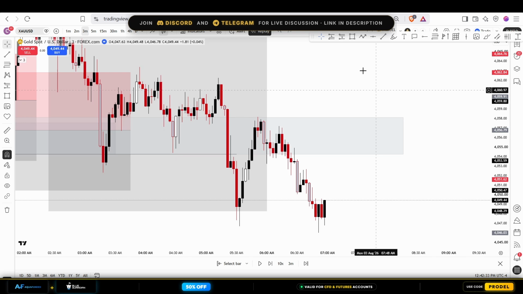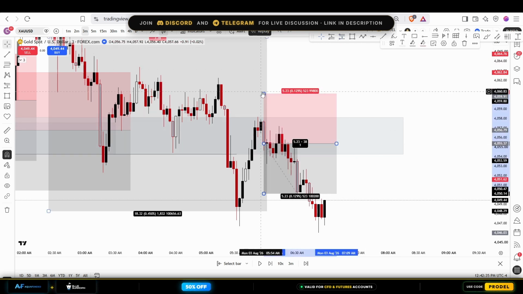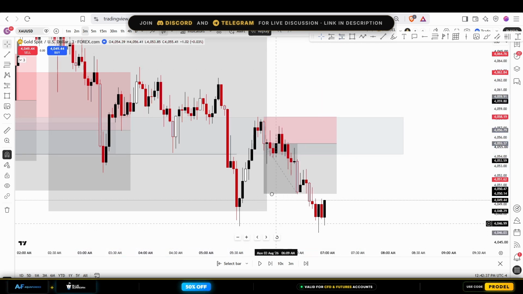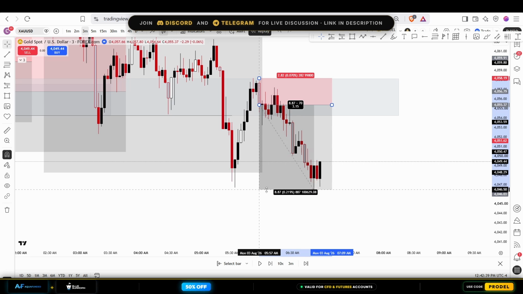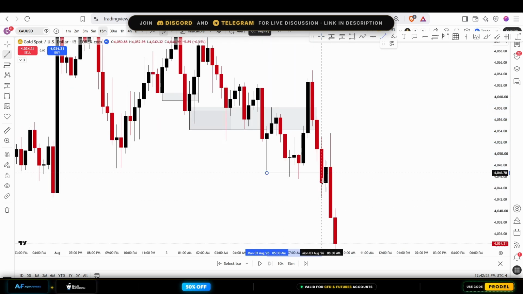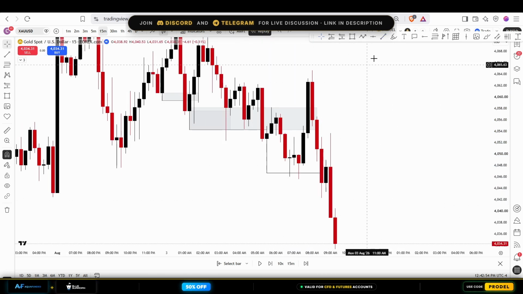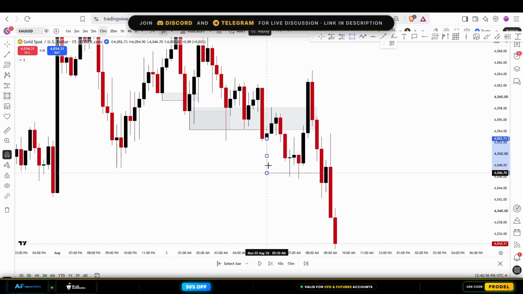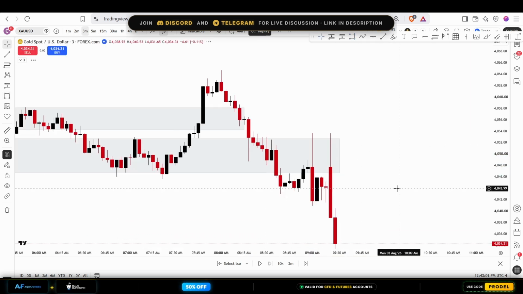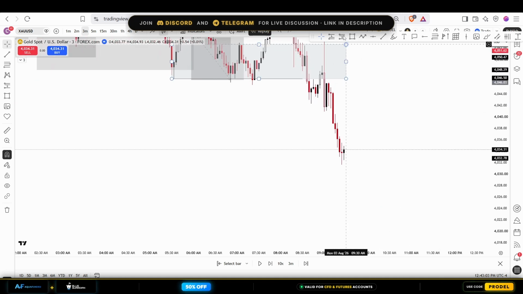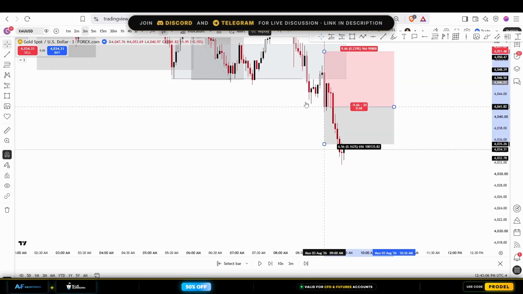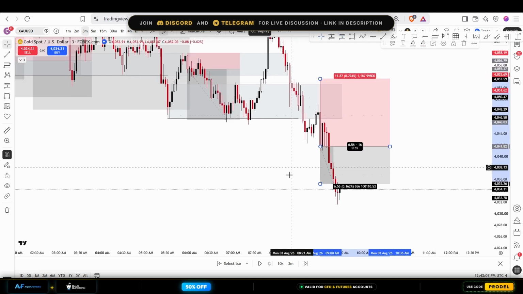On the 3-minute, you can see there was the setup and after that it also hit 1:3 RR. After that it broke this level and it again formed this resistance level. And if you go to the 3-minute time frame, there is another setup here, which is like this.